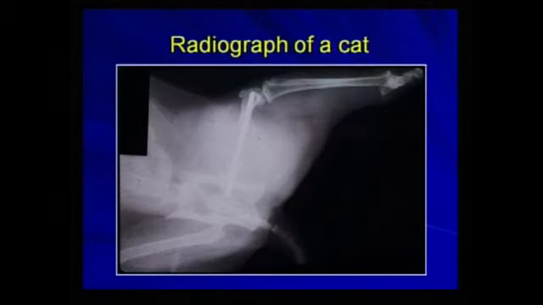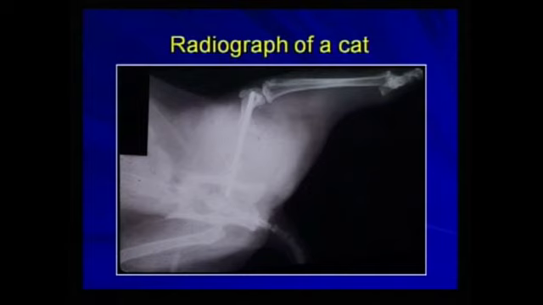Okay, little case presentation here. We are looking at the radiograph of the femur of a cat. And this animal had had a broken femur, and it had an intramedullary pin put in properly.